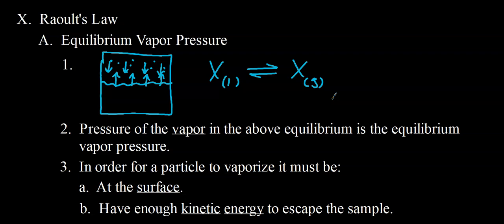So remember, in order for a substance to vaporize, in order for a substance to evaporate, the particles that are changing from a liquid to a gas need to be at the surface, and they have to have enough kinetic energy to break free from their attractive forces and become individual particles in the gaseous phase.